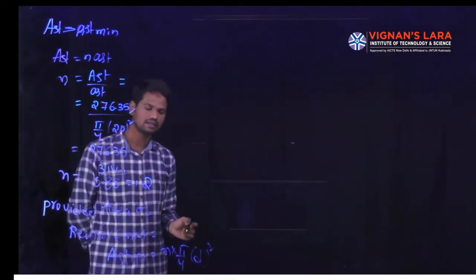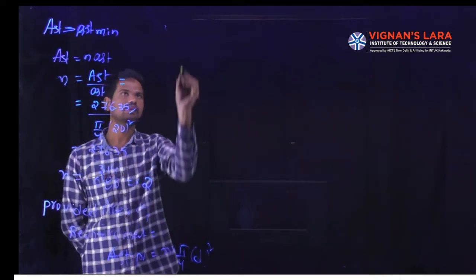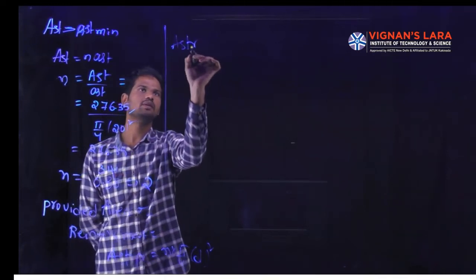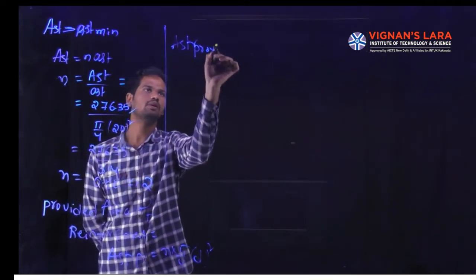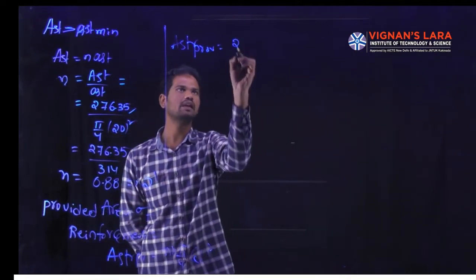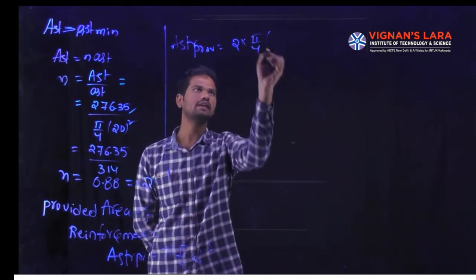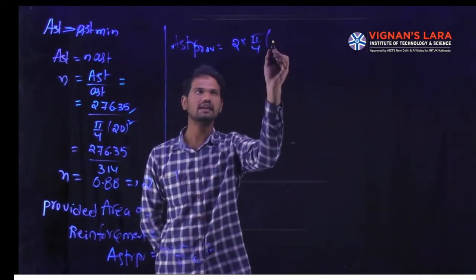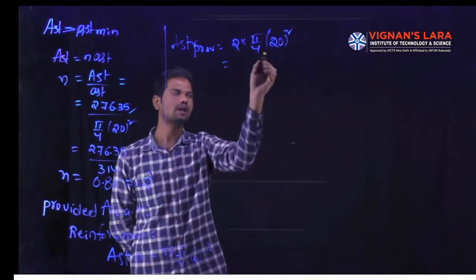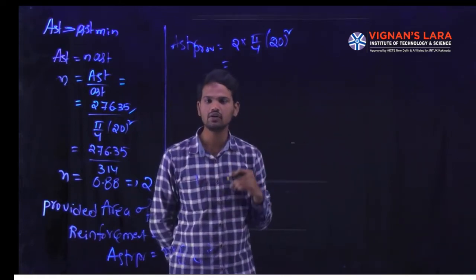This is the area of the steel provided. Ast provided equals n into pi by 4 into d square, where the number of bars is 2, and the diameter of the bar is 20 mm, that means 20 square. If you substitute all these parameters, you will get the area of the steel reinforcement provided.